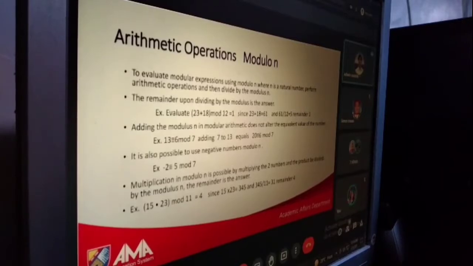So, like for example, negative 2 is congruent to 5 with the modulus 7.